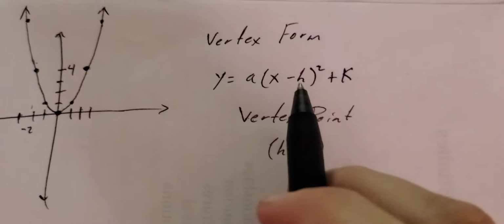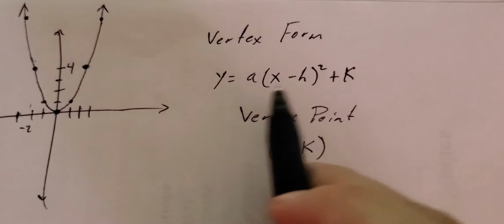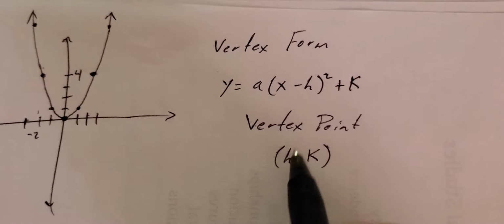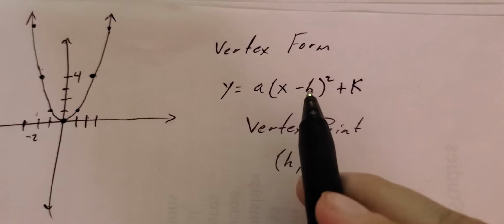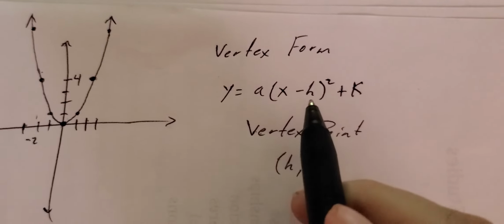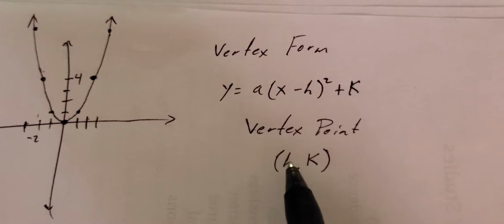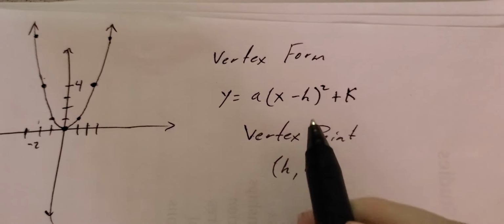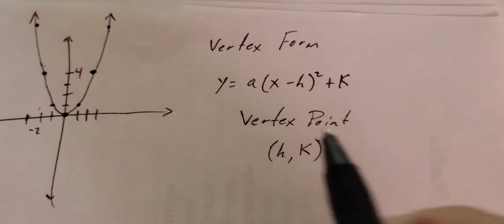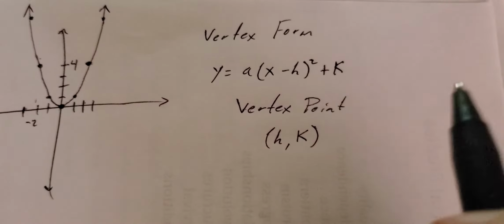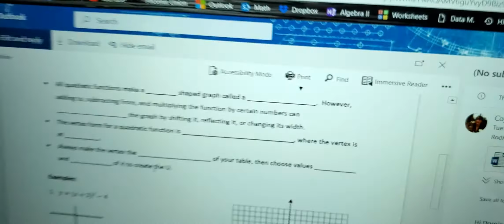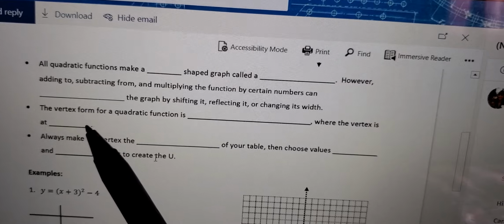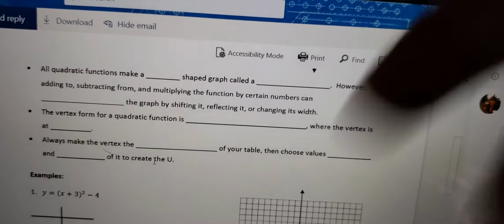Notice that in this equation, h is negative here but positive in the point. Whatever h is, it's going to be the opposite. So let's say it was -2. My vertex point will be +2, and my k will be the same value. The h is the only value that changes signs. That's my vertex point, and that's what we want to have in here, h comma k.